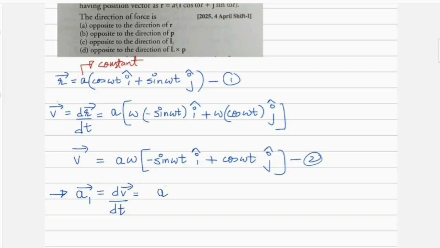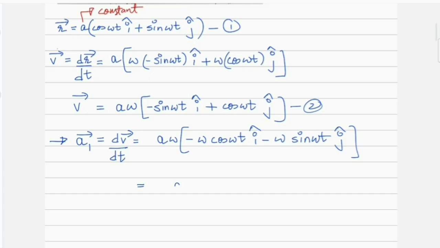Here a is a constant. What about omega? Constant. Keep it outside the derivative. Now what is the derivative of minus sin omega t, students? It will be minus of cos omega t multiplied by omega, i cap unit vector as it is. Now then, what is the derivative of cos omega t, students? It will be minus sin omega t multiplied by omega, unit vector j cap as it is.